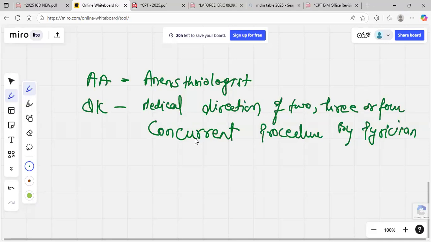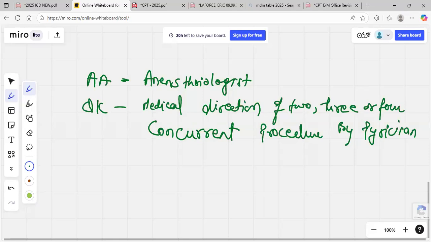So remember, we have to use the AA modifier when the anesthesia is given by the anesthesiologist. We have to use the QZ modifier when the anesthesia is given by the CRNA. CRNA stands for Certified Registered Nurse Anesthetist. We have to use the QS modifier whenever monitored anesthesia care has been given to the patient. Then the QX modifier will represent that the anesthesiologist is directing the CRNA.